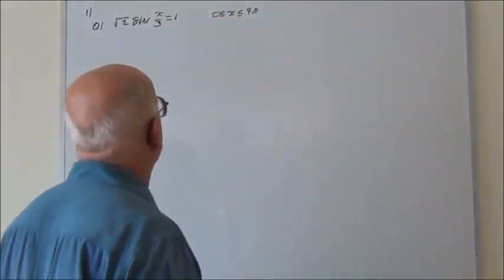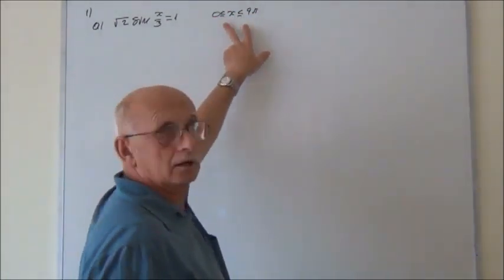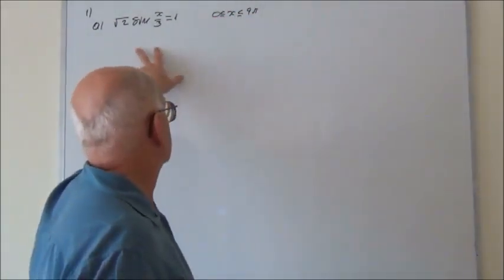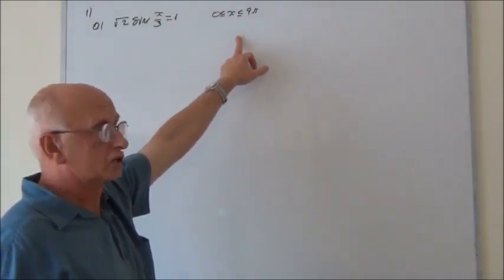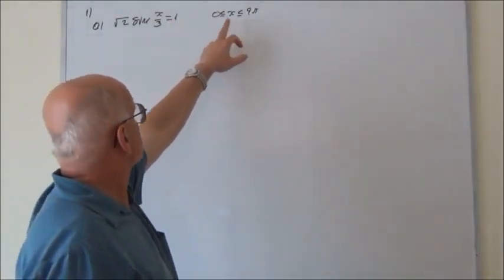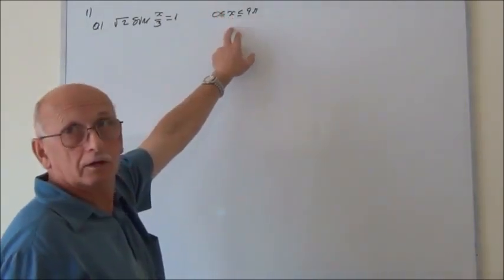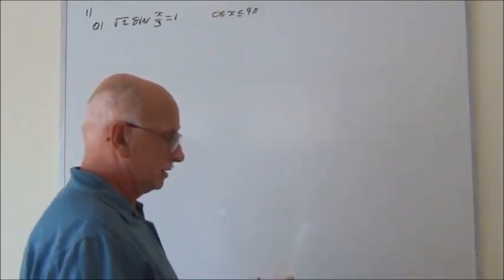We said that the domain that is given for that equation is actually part of the question, and we can't solve the question successfully if we don't consider the domain.